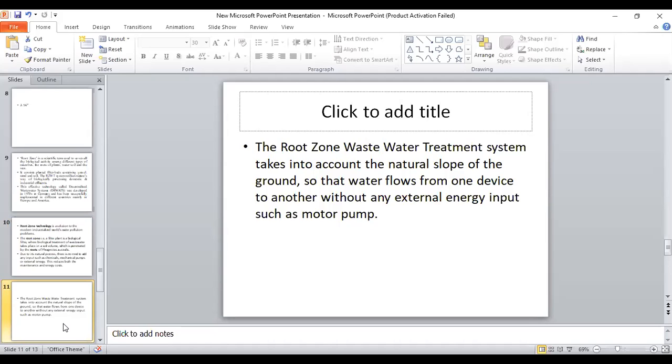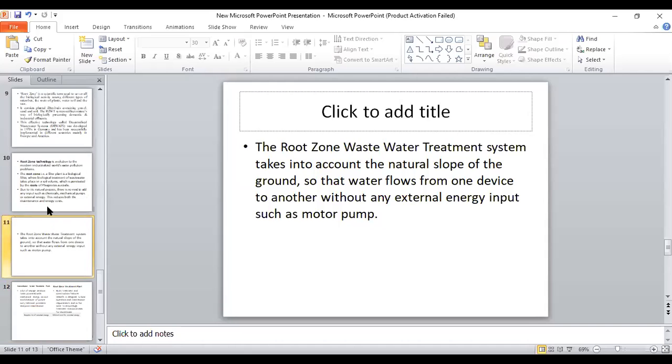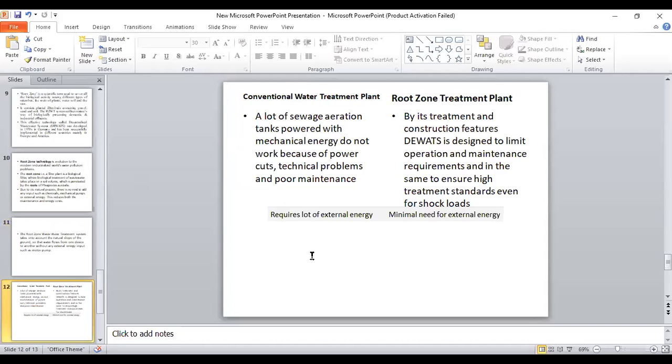So there will be no requirement of energy for pumping. This will be low cost, save chemicals, and save manpower for running it, and it can be constructed in individual colonies as a decentralized wastewater treatment system. So these are the advantages of root zone technology.